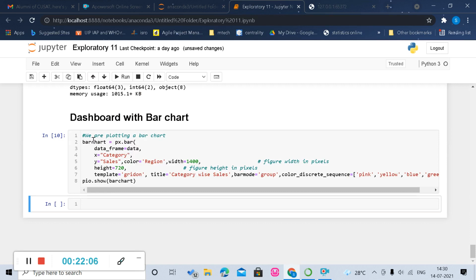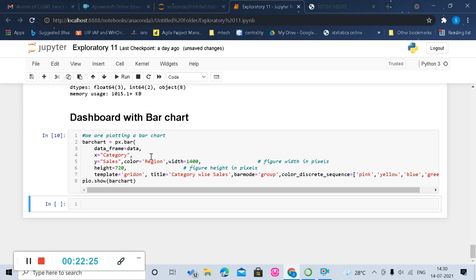So this is the bar chart. px.bar is the function which I've used here. I have taken the data, x value is category, y value is sales, and I have also considered color as the next value, that is, region is assigned to color here.